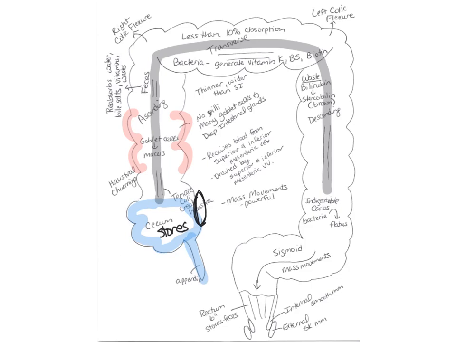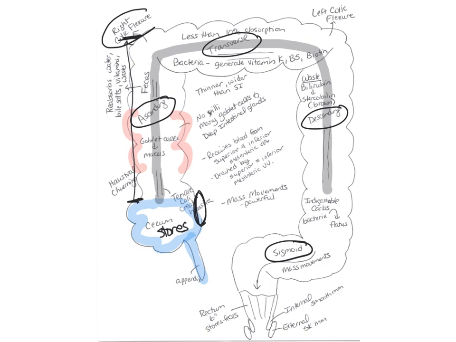The colon is divided into 4 segments: the ascending colon, the transverse colon, the descending colon, and the sigmoid colon. The ascending colon starts at the cecum, and it travels up to just underneath the inferior part of the liver, then it bends. Where it bends, we call it the right colic flexure.